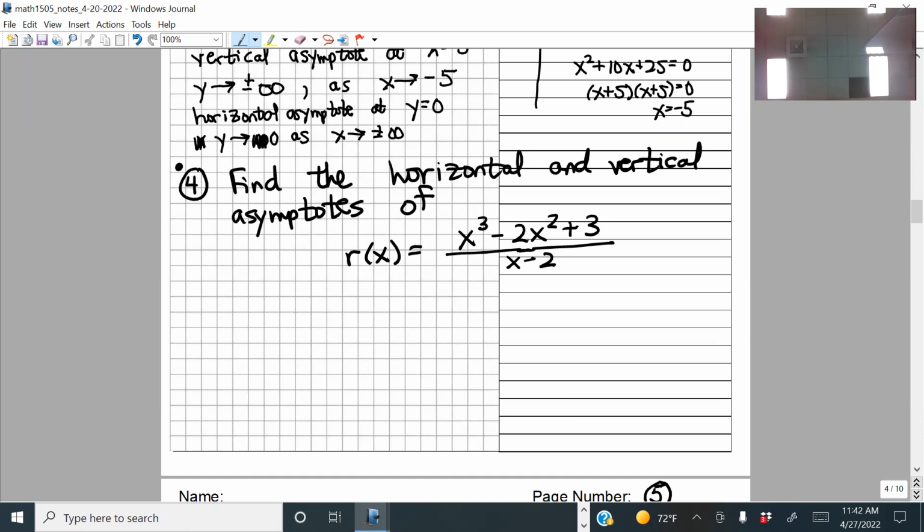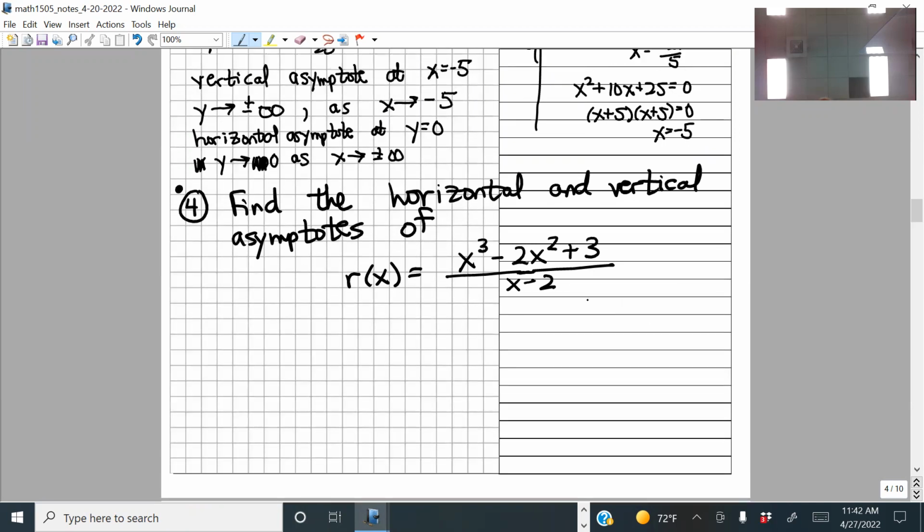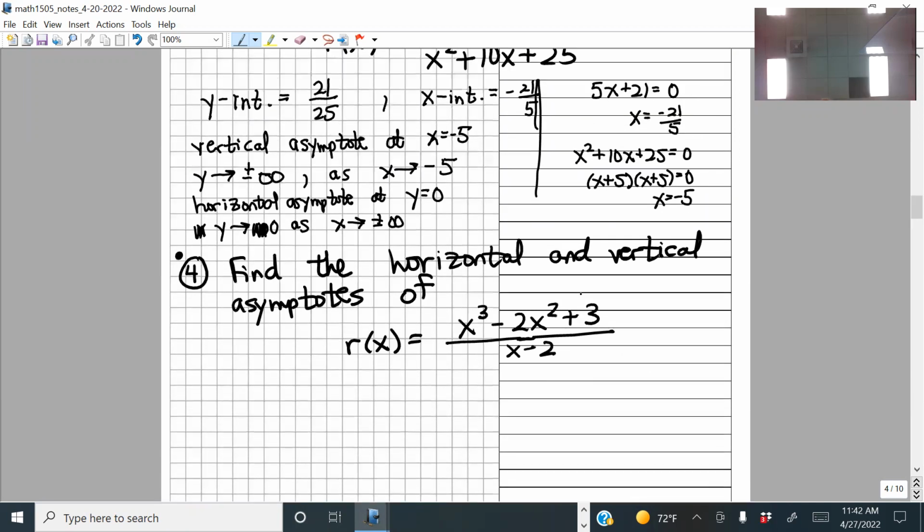Is there a vertical asymptote? Where is it? Is there a horizontal asymptote? What is it? You guys do this at home. So for that function, what are the asymptotes? I'm not worried about the intercepts. The X-intercept there, I think, is hard to find.